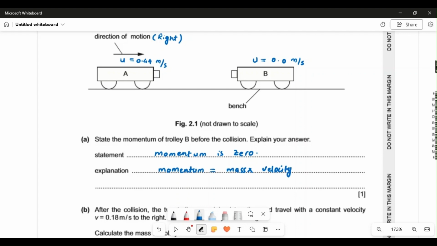And here trolley B is at rest, which means that velocity is 0 meter per second. So when you multiply with the mass, whatever the mass is, momentum is 0 as well.